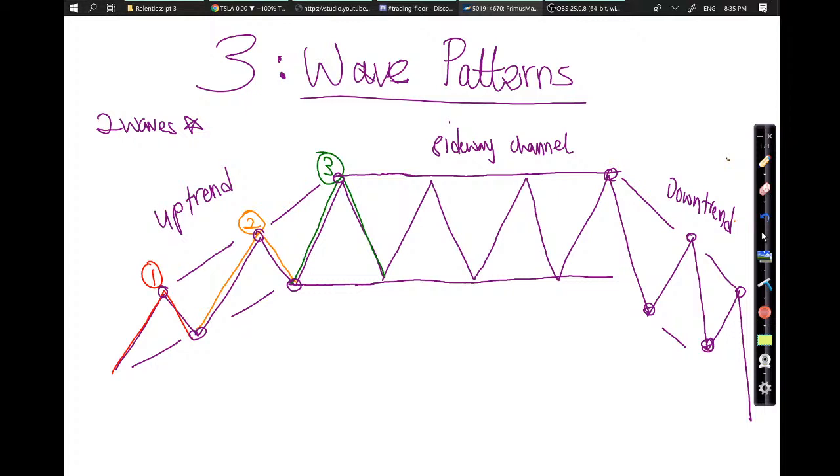Now, the important thing to note here is that one level's support becomes another level's resistance when there is a change in trend, okay? So for example, this old resistance here becomes a new support on an uptrend, okay?